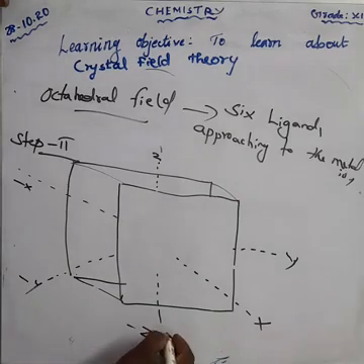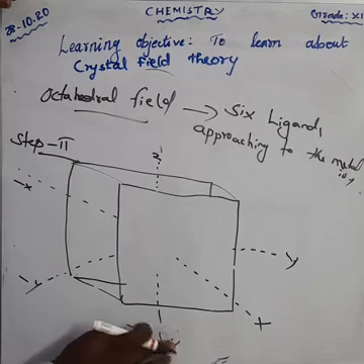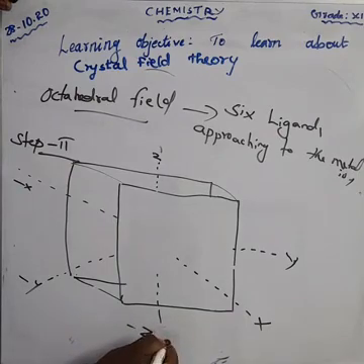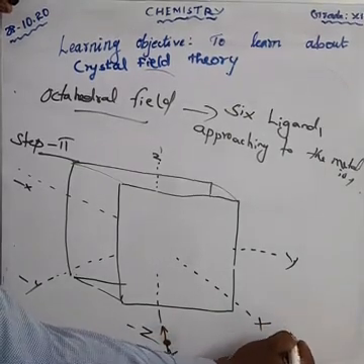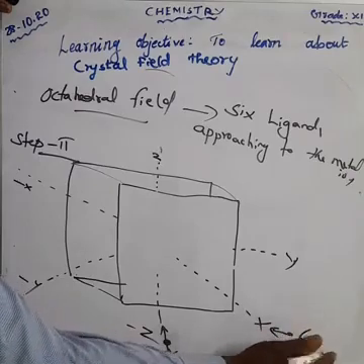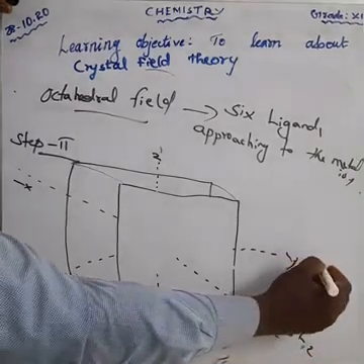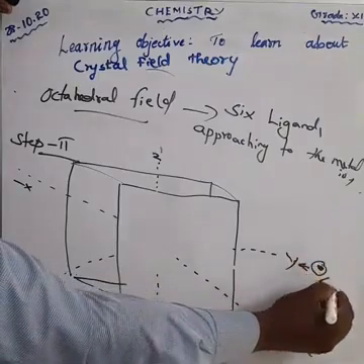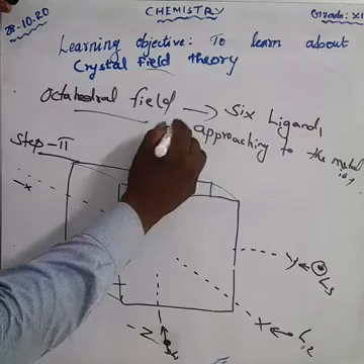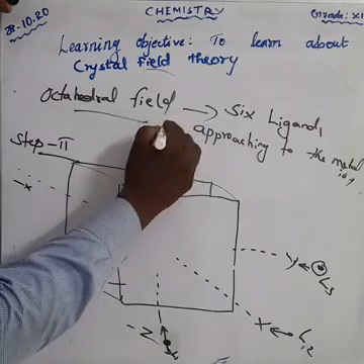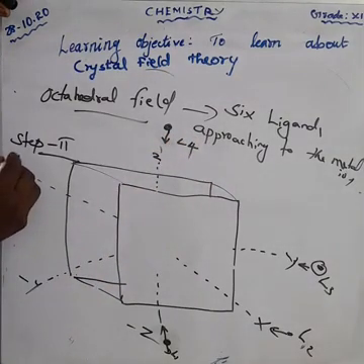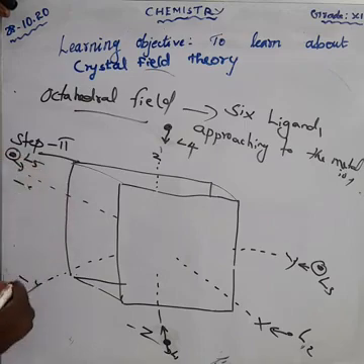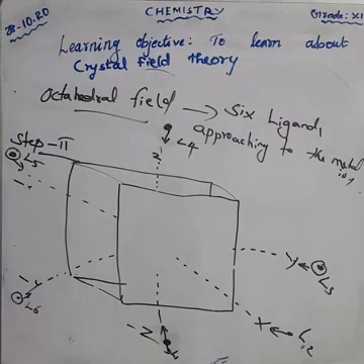First we are taking ligand 1 approaching, here ligand 2 approaching, ligand 3, ligand 4, ligand 5, ligand 6. These are the 6 ligands.